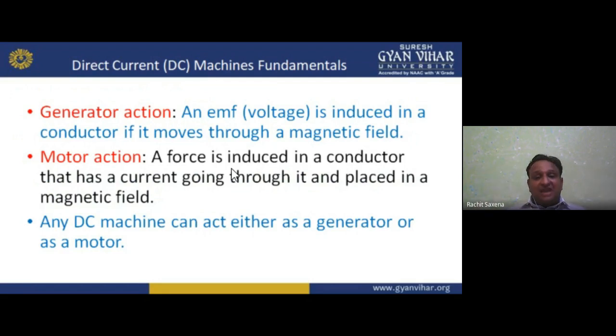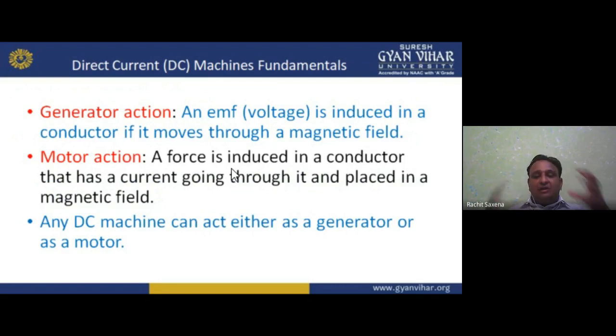The construction parts are the same: same yoke, same field pole, pole core, pole shoe, pole winding, armature core, armature slots, armature conductors, commutator, brush, shaft, bearings. So we use one machine, but we can convert it as desired.